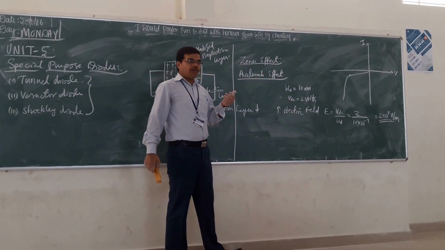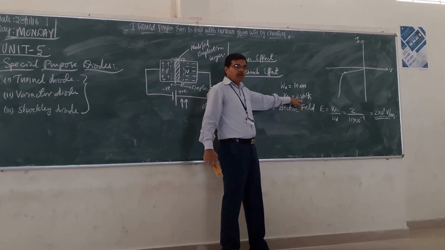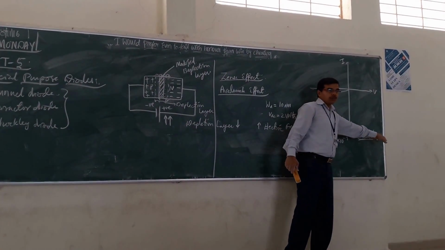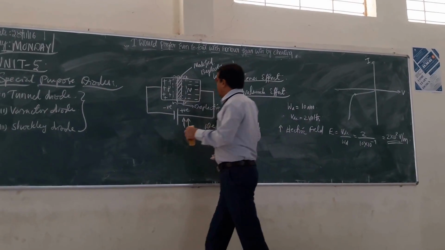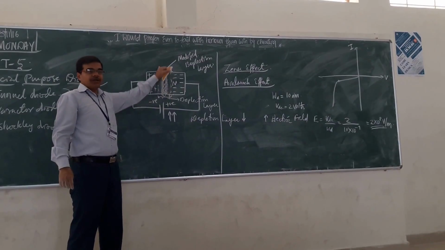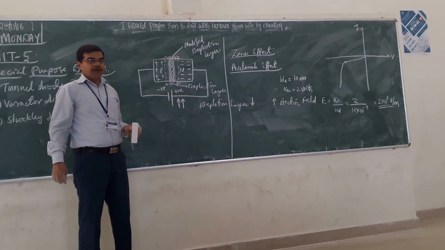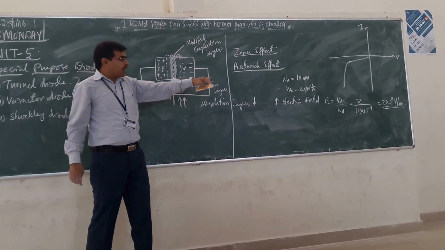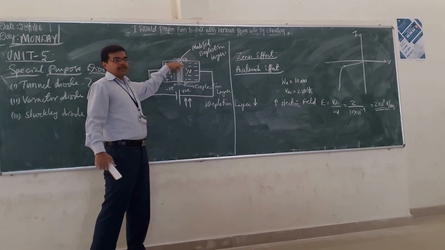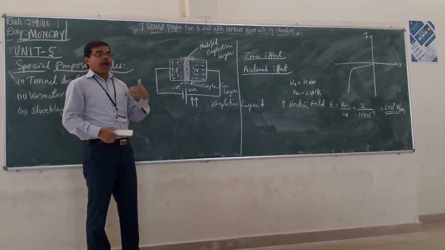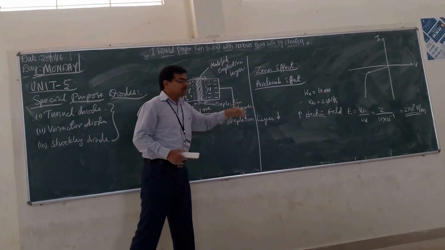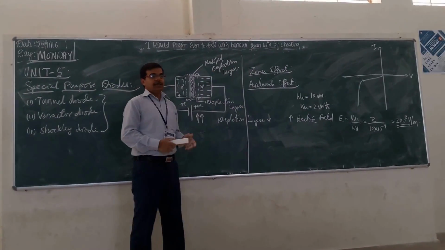We have just given 2 volts and get this electric field in the depletion region. That much electric field is sufficient to break the depletion layer, and a breakdown because of this electric field is called the Zener effect.